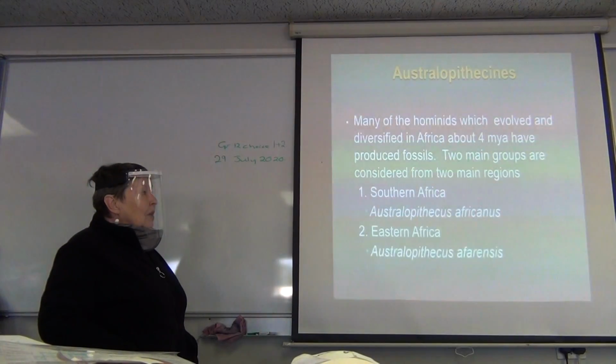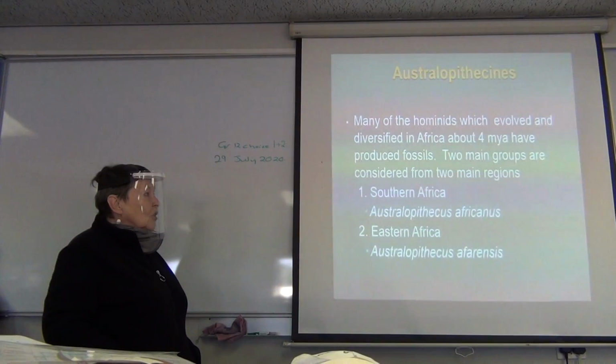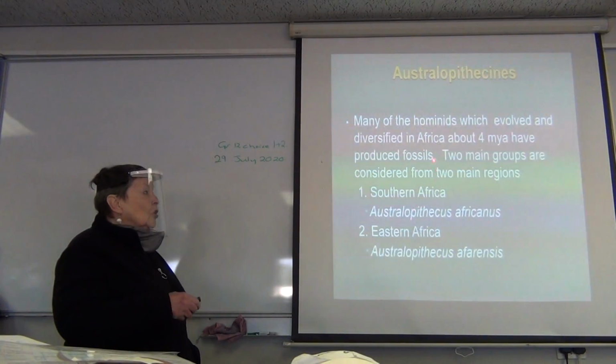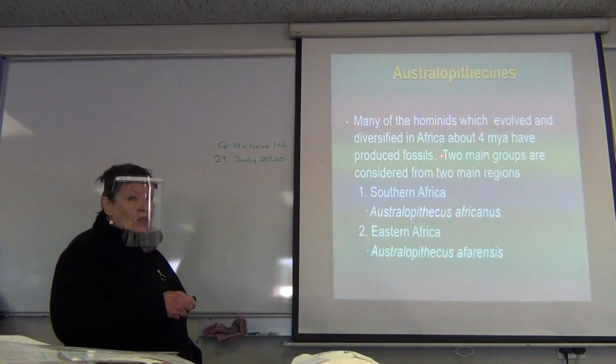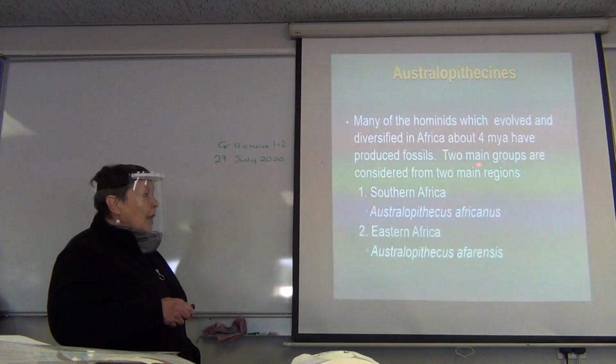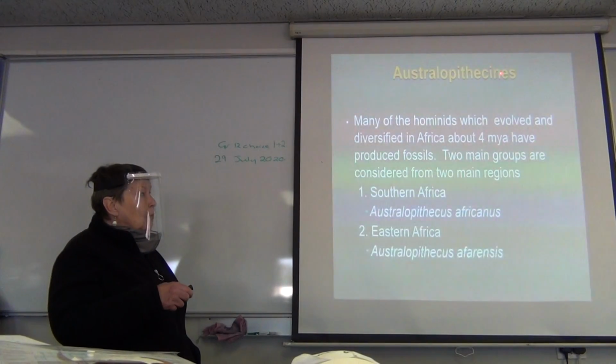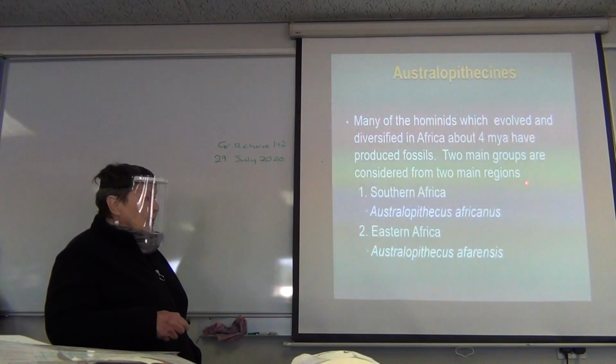So many of the hominids which evolved and diversified in Africa about 4 million years ago have produced fossils. So there's really, really good fossil evidence in Africa. And we're going to look at two main groups of Australopithecines, and they're from two main regions.